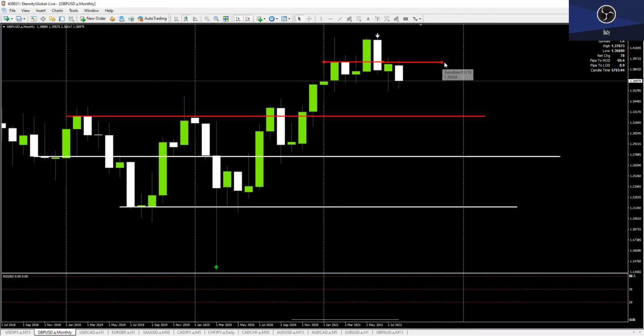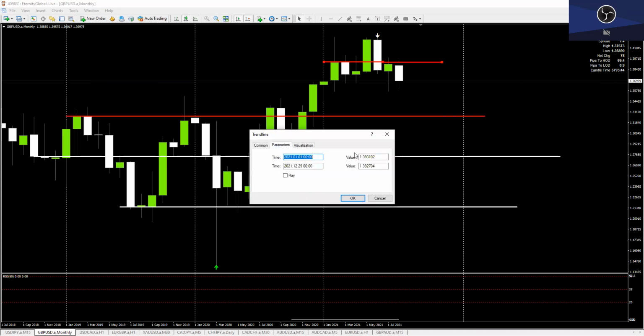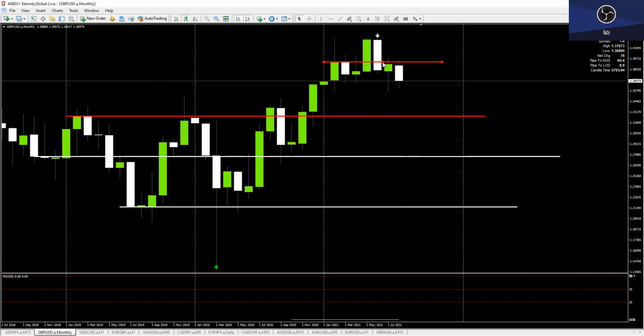All right, now up here at this particular resistance level, we can see how price did break and breach it and continue to go higher, but it was immediately brought back down by the next candle, which is a great indication of a rejection and a potential head and shoulders, which we'll be able to identify in just a moment on this video.